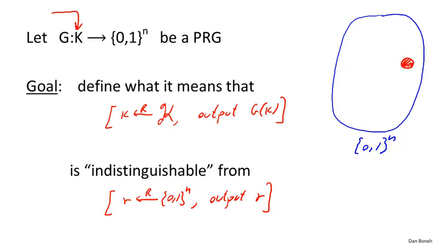It's tiny inside of {0,1}^n, and this is really all that the generator can output. And yet what we're arguing is that an adversary who looks at the output of the generator in this tiny set can't distinguish it from the output of the uniform distribution over the entire set. Okay? That's the property that we're actually shooting for.